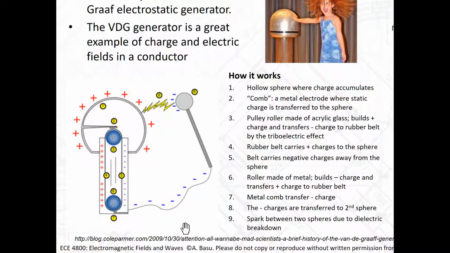This rubber belt is transporting the negative charges down here. So you're getting a buildup of negative charge here. Similarly, on the upside, there's positive charges being delivered up to this belt. All right, and those positive charges are ultimately what's being transferred to the surface of the metal sphere.